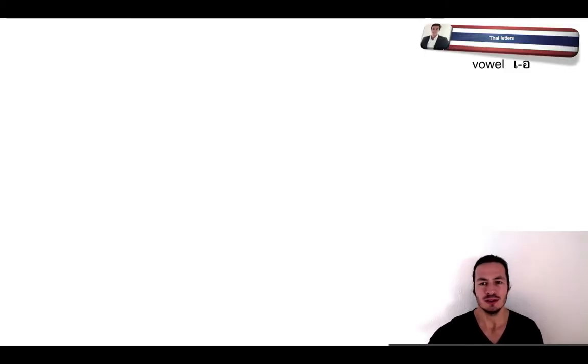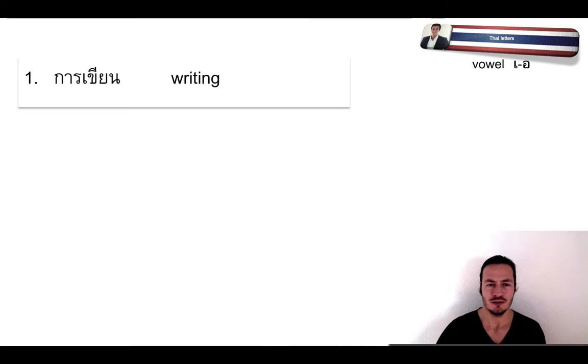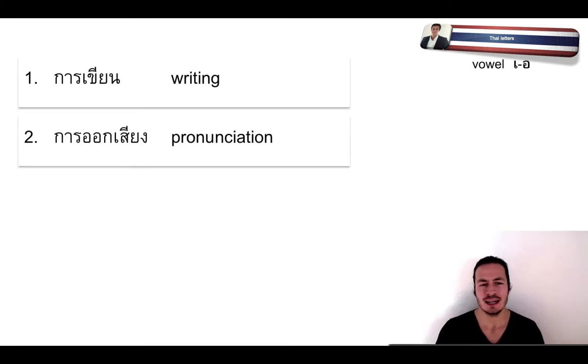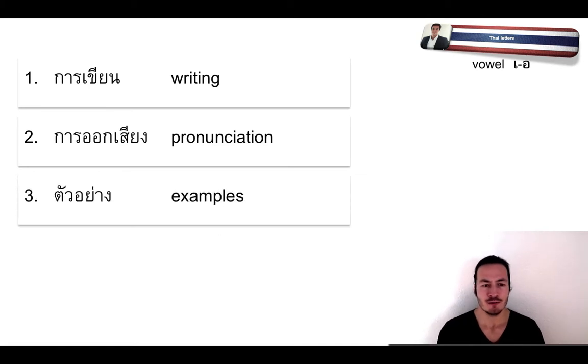Alright, before we go into the lesson, I'll just give you an overview of the structure. As always, we will first have a look at Gan Kian, the writing of this vowel. We will then practice Gan Ok Siang, pronunciation, a little bit. And thirdly, I'll show you a couple of examples on how this vowel is used in the Thai language.